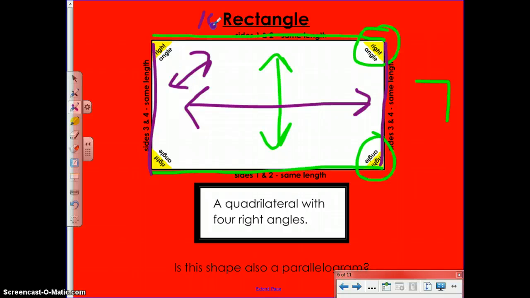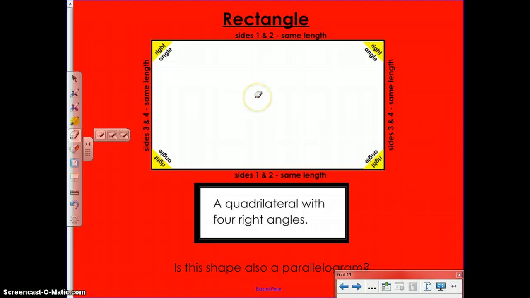So for instance, if this top was 10, then I would know the bottom's 10. However, the left and the right side are going to be different measurements. And I would have to either measure to figure it out or just go by whatever measurement's given. Okay? So it's just like a square. It's made up of all 90-degree angles, but not all of its sides are the same measurement.